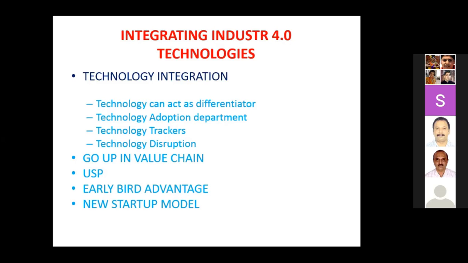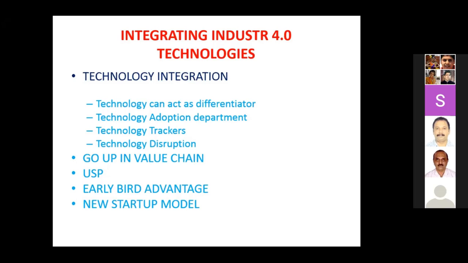Similarly, in industries also, if a company integrates a technology first, they will be the early bird advantage takers. So that company will be differentiated from other companies, and that is how they will go up in the value chain. They will go above other companies and remain competitive in the market for at least 5 years, until other companies understand the technology which the earlier company has integrated.